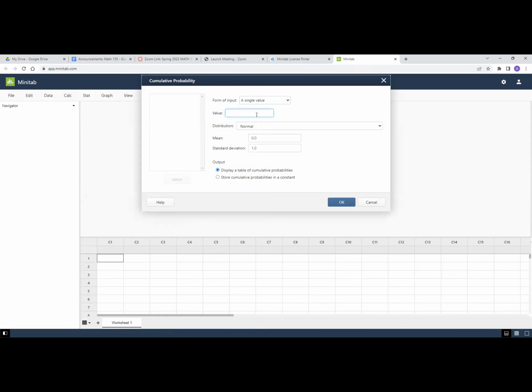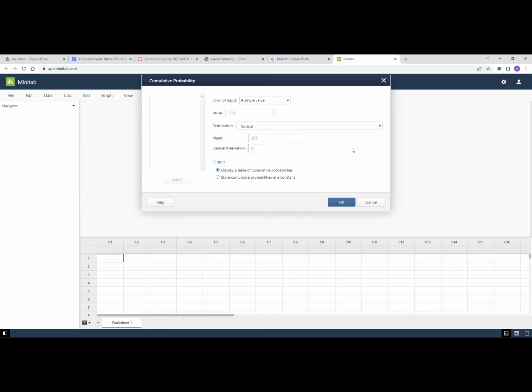Okay. Basically, what you do is you keep everything the same, except you might want to change the mean and standard deviation. And then the value is the value you're interested in. So if we want to know less than 259, I'm writing 259 here. Okay. Since we have a question where the mean and standard deviation is different and we're dealing with an X value, I've got to change my mean to the mean in the question, 272, and the standard deviation to 9.